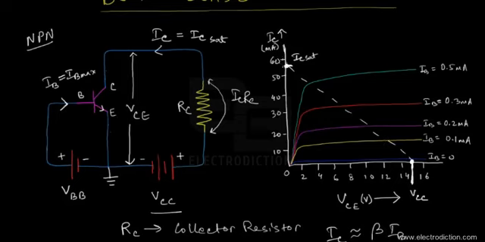All right, bingo. Now joining these two points, we obtain what we call the load line. So this particular line that we have over here is the DC load line which we were talking about.